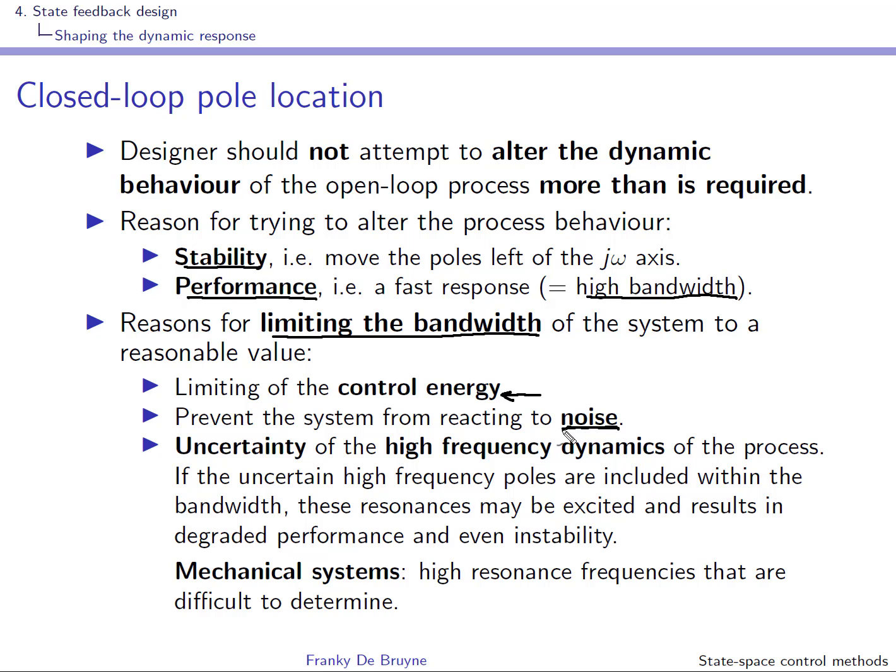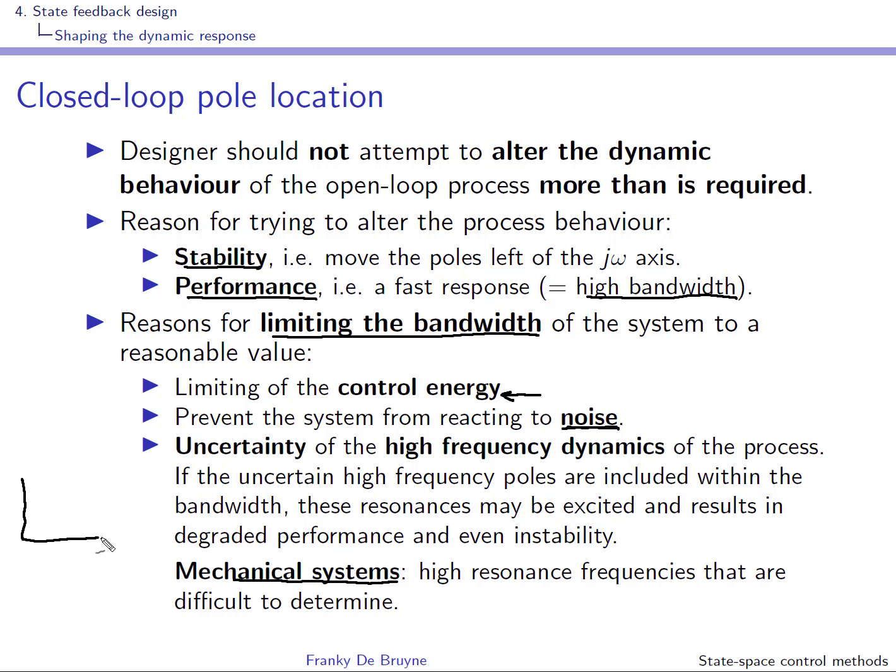Also, when we model the system, it's an illusion to think that we have a perfect model of the system. For instance, for mechanical systems, very often we'll have a good model in the low frequency range, but we'll be incapable of capturing high frequency resonances. So our model might look like this in the frequencies.